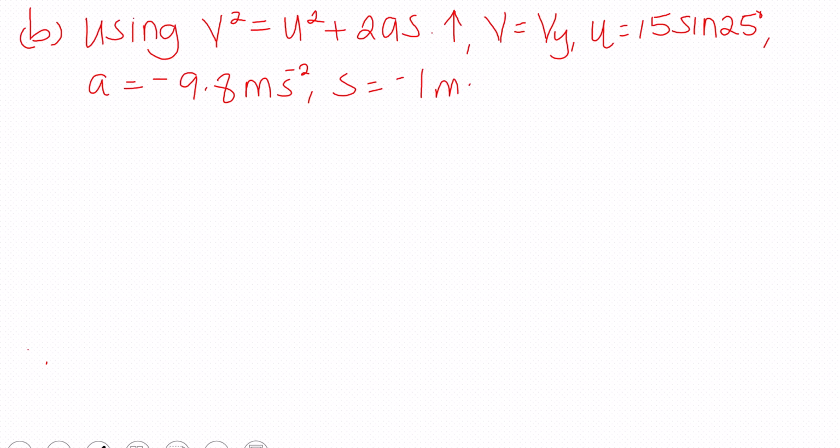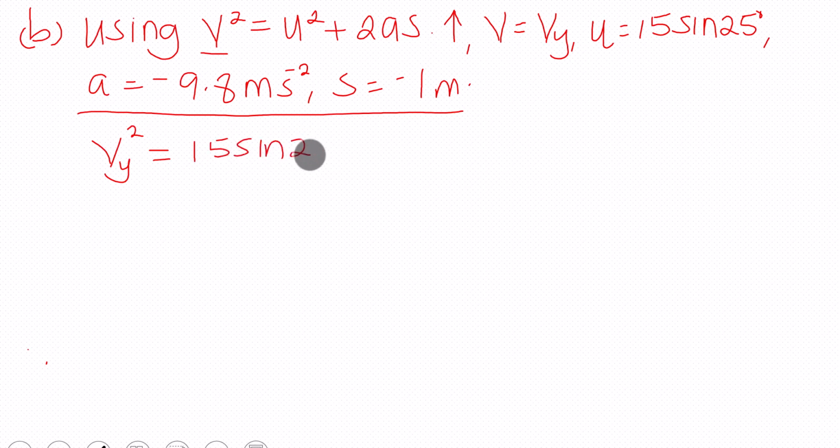So substituting this information into the equation, we're going to have our velocity in the y squared equaling u squared, which is (15 sin 25 degrees) squared, plus 2 times negative 9.8 times negative 1.